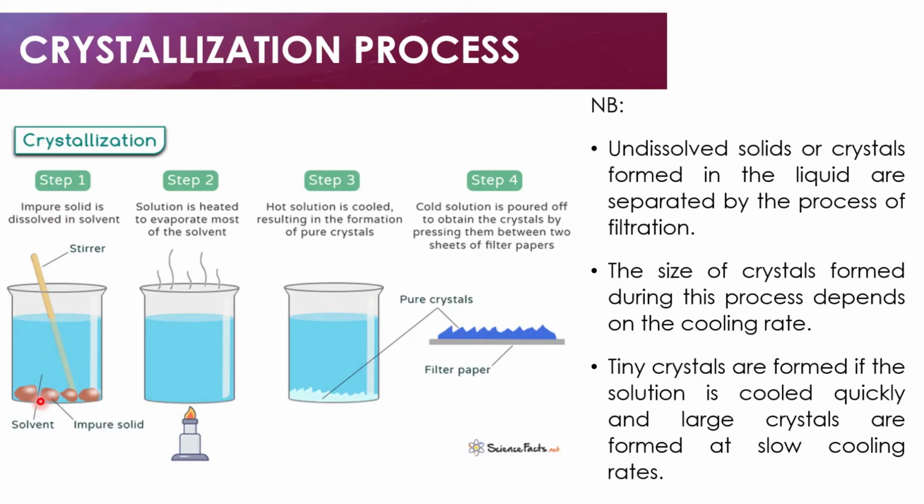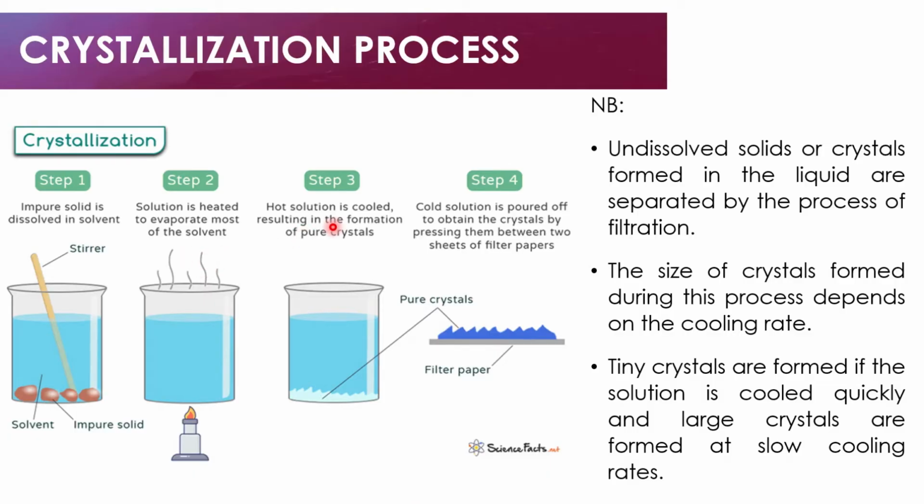As we can see from the diagram, this is the impure solid being dissolved in the required solvent. The second step is that the solution is heated to evaporate most of the solvent. This is the heat being applied to our solution, and this is the solvent being evaporated, as we can see over here.